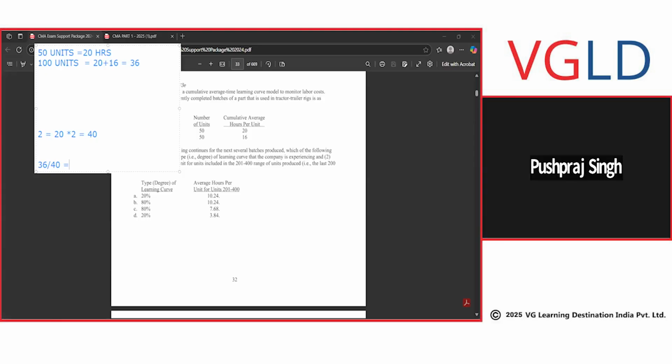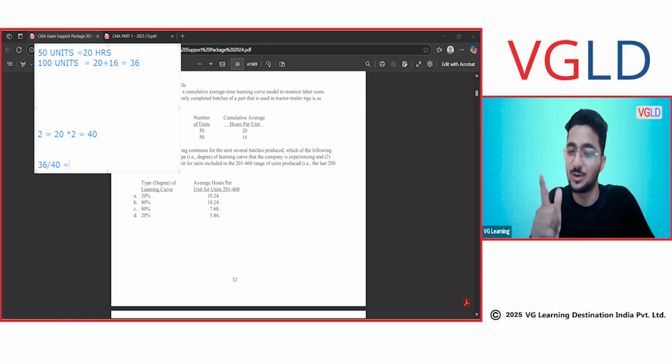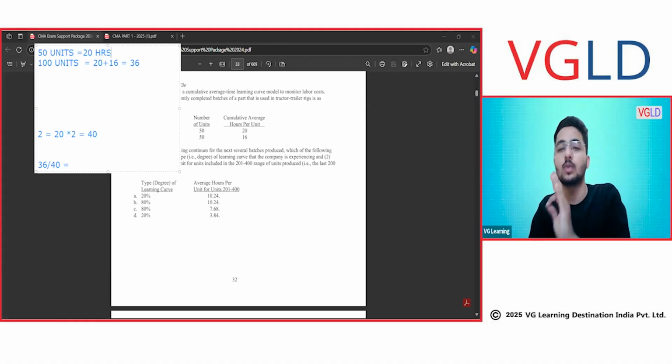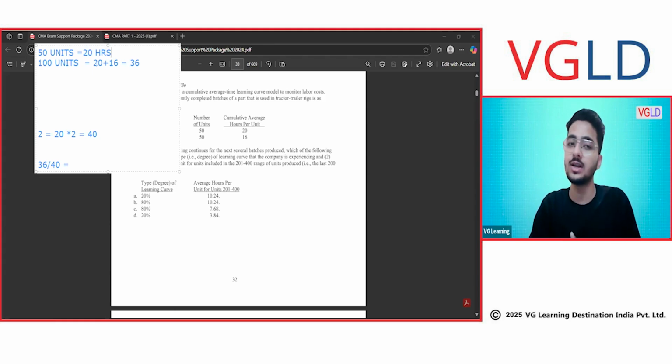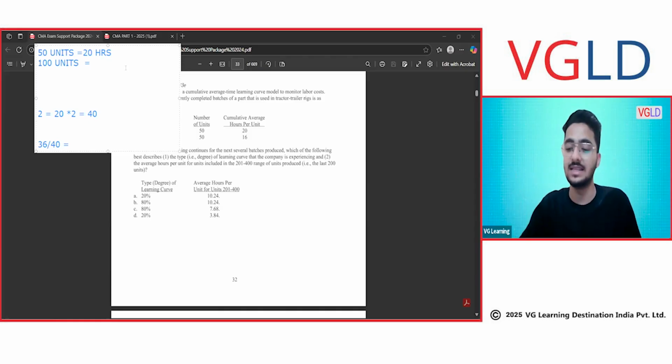The units are the same. The number of units are the same for the first lot and second lot. Pushpraj got it, that's correct. For the first 50 units, I took 20 hours. For the 100 units, I should double 16, multiplied by 2. They didn't say additional, they said 16.